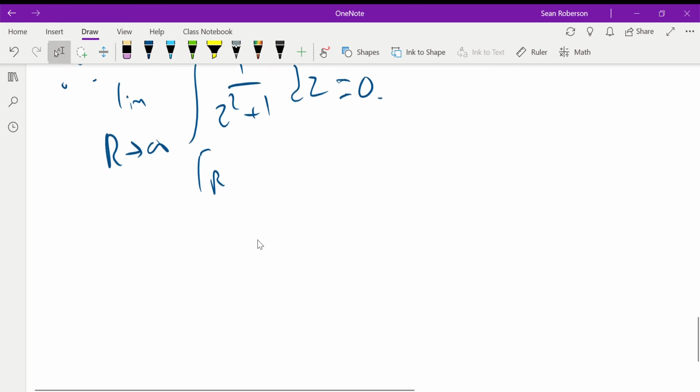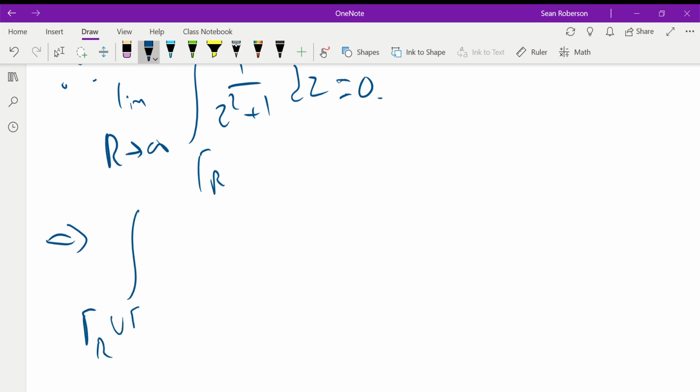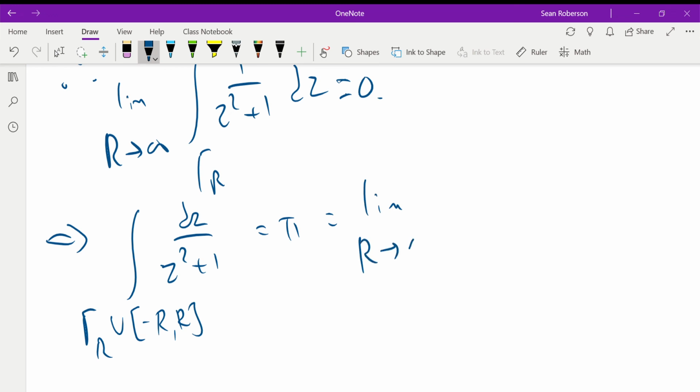And what does that now give us? Well, we said here that the integral over the semicircle plus the extra bit on the real axis, dz over z squared plus 1, was equal to pi, but this needs to also be equal to the limit, as r goes to infinity, of the integral from minus r to r of dx over x squared plus 1.